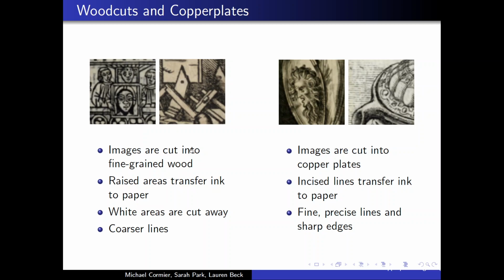This results in coarser lines than the copperplates described in the column on the right, where the images are cut into, well, copper plates, hence the name. In this case, incised lines transfer ink to paper. The grooves pick up the ink and transfer it to the paper, which produces fine, precise lines and sharp edges. Now, all of these little snippets are done to the same physical scale here.